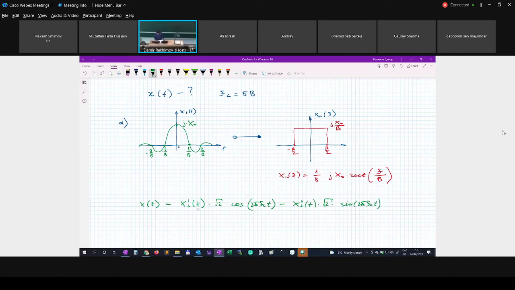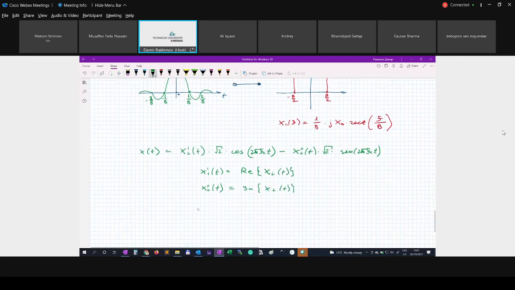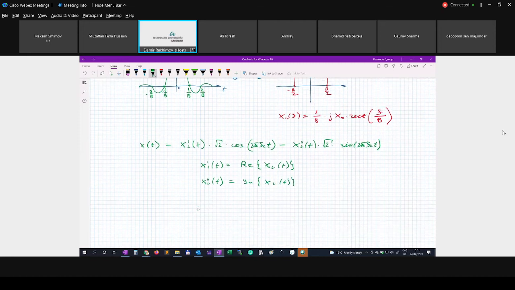Here xl prime of t is the real part of our signal in the low pass range, and xl double prime of t is the imaginary part of our signal in the low pass range.